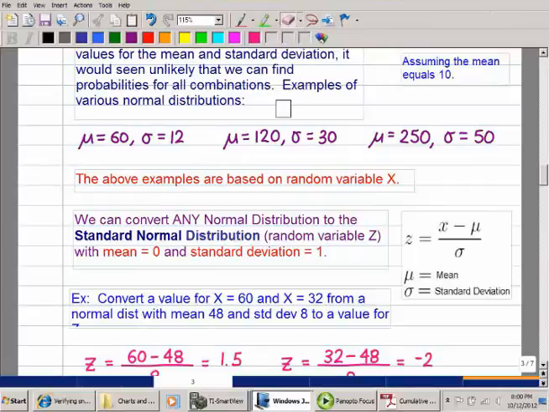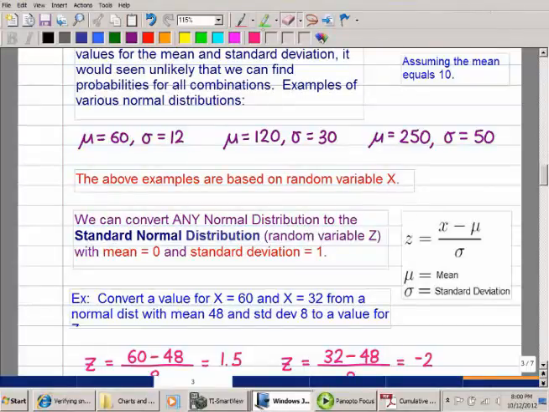It is called the standard normal distribution, and its random variable is always z. So we will be converting any x distribution to a z. The standard normal distribution always has mean 0 and standard deviation 1.